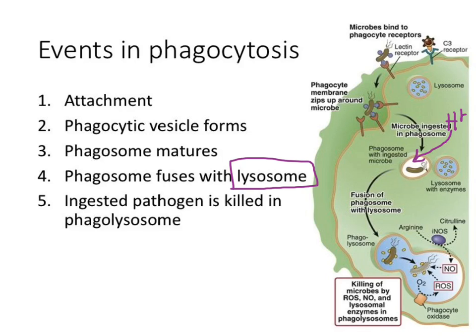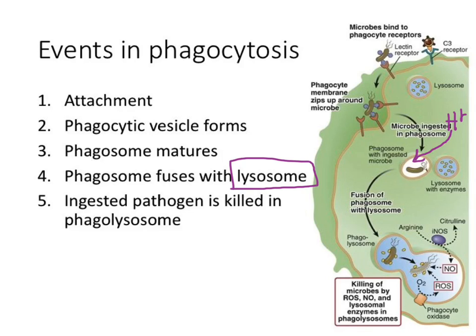Okay. So here's where that event takes place, and eventually this will be exocytosed. We'll talk about this step as a critical step on Wednesday. Neutrophils, mainly all they're going to do is just get rid of this waste. Macrophages might actually repurpose some of it, and we'll talk about that on Wednesday.